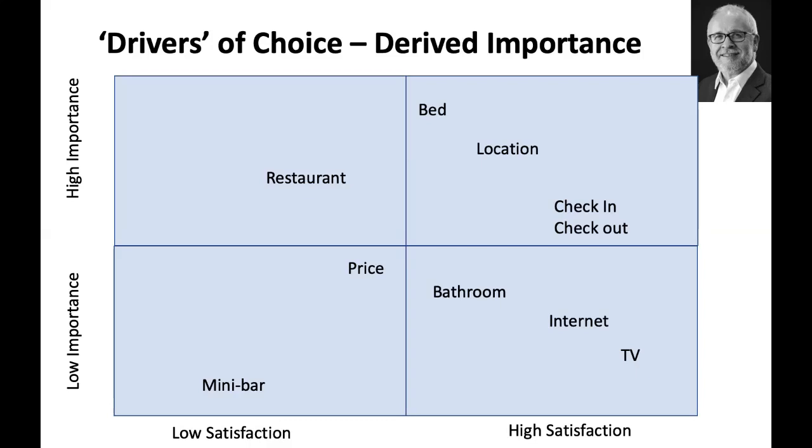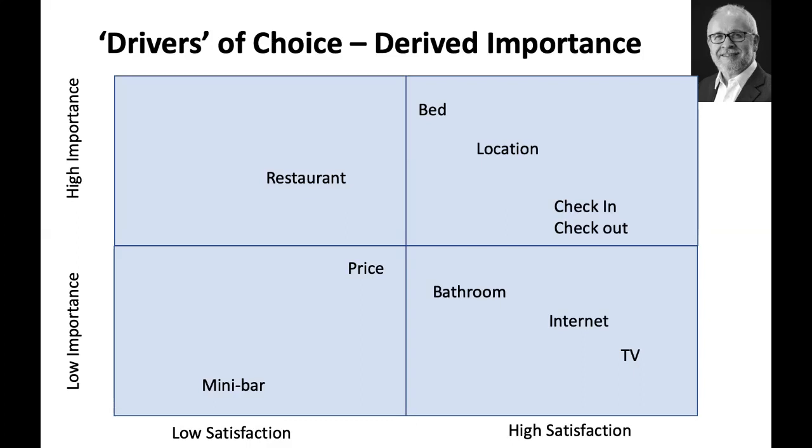There's low satisfaction, and the restaurant would be a case of something which is not delivering against an important attribute. On the bottom left, we have two things where there's low satisfaction but low importance: minibar and price. Why might price be not so important? Well, we're interviewing employees perhaps who are visiting at the hotel.